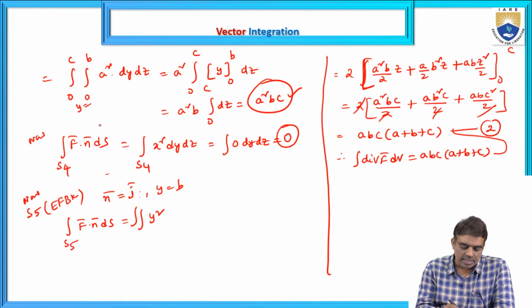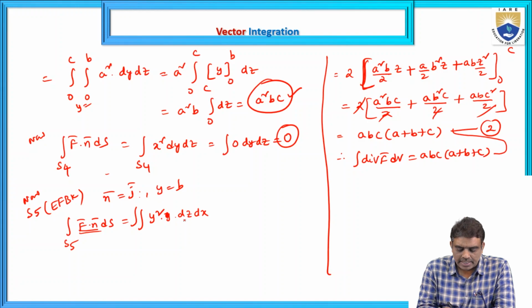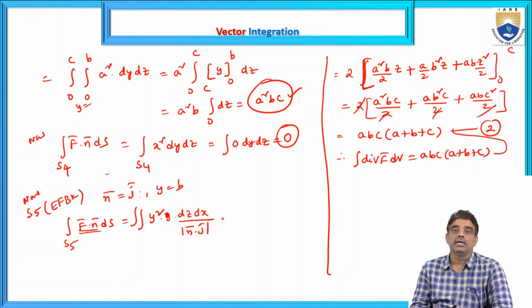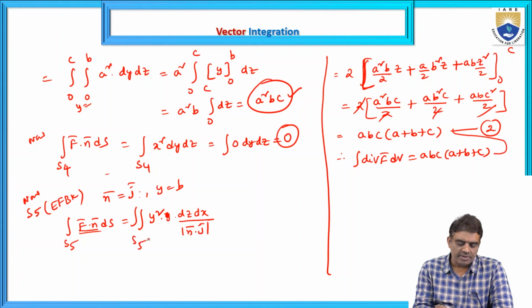So dz into dx, divided by the magnitude of n bar dot j bar. F bar dot n cap is y square. That is the evaluation over the surface S5.